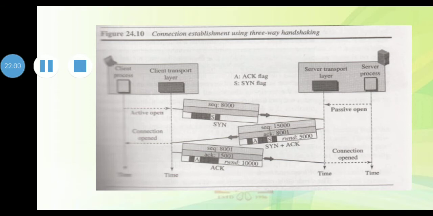Then, at present, there is one recent strategy, which is to postpone resource allocation until the server can verify that the connection request is coming from a valid IP address by what is called a cookie. Okay. Next we'll see data transfer.